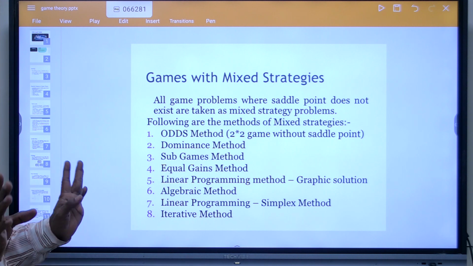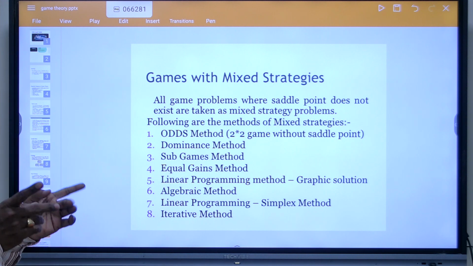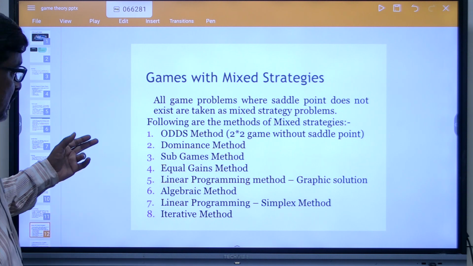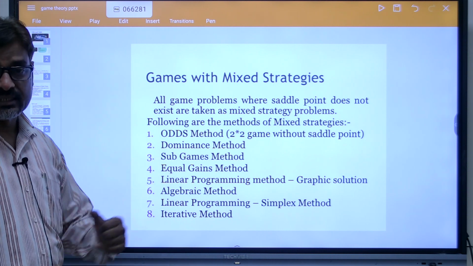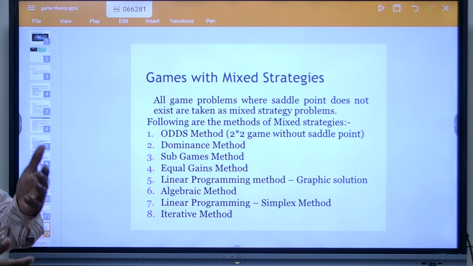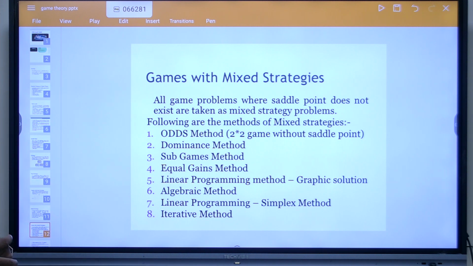Another method, we adopt the dominance method of solving the game. In the dominance method, we try to reduce the payoff matrix to some simpler form, means we will delete some of the rows or some of the columns according to the principle of dominance that we will be going to study.